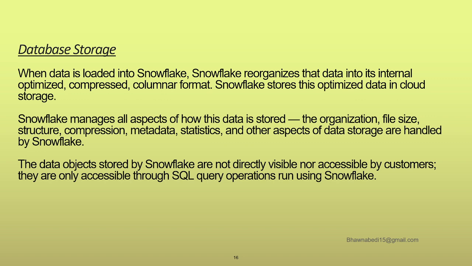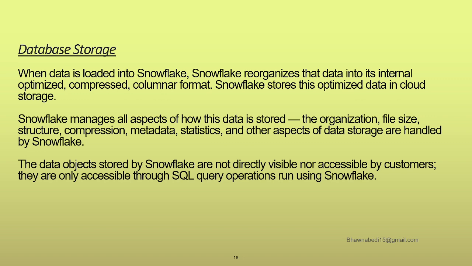So this is nothing but optimized data that is actually stored in your Snowflake by default, and Snowflake manages it. You don't have to do anything. The file size, the structure, the compression, the metadata, the statistics, everything is handled by Snowflake itself. You have to do nothing, and you don't even know about it, until we are discussing it in this video.